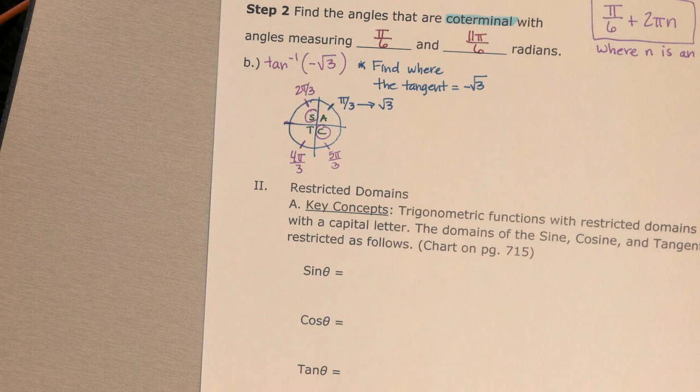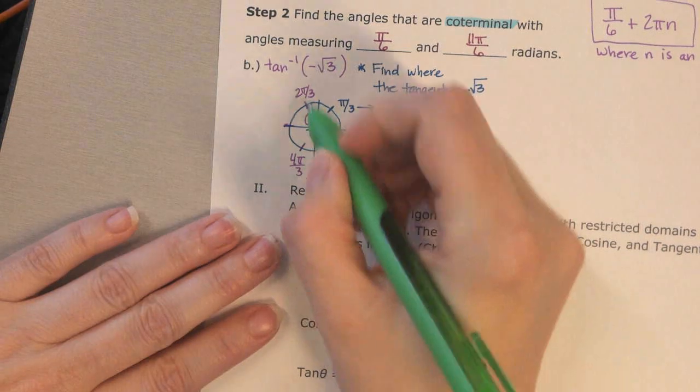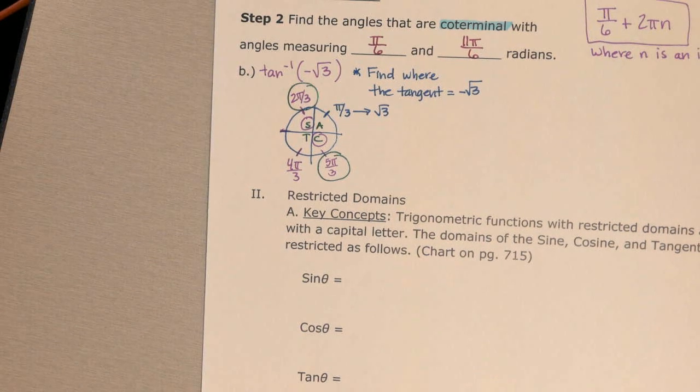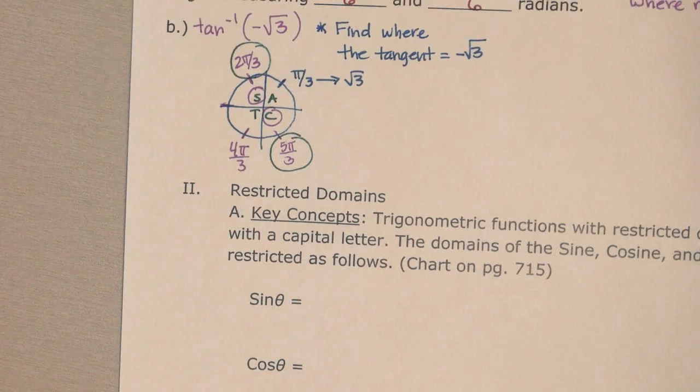So your final answers are going to be the ones in quadrant 2 and in quadrant 4, because that's where they're negative. So that's how you can use the first quadrant to help you find which ones are negative.